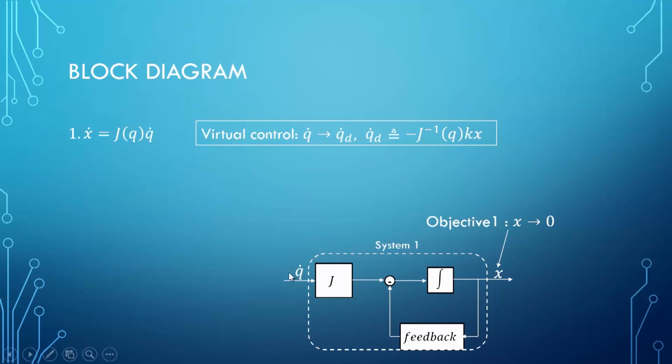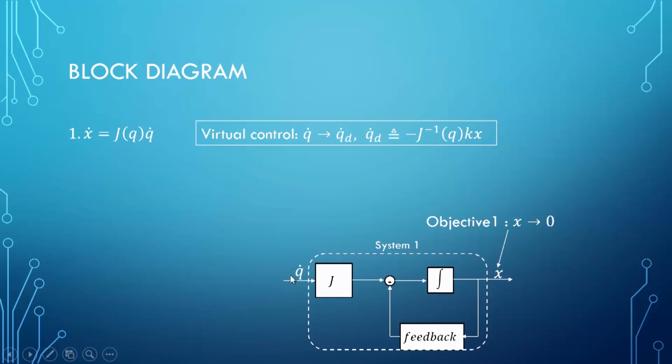But unfortunately, q dot might not always be qd dot because it can be initially located anywhere, right? So there's a mismatch between q dot and qd dot. So the way to match the difference is to design the controller on the second system.